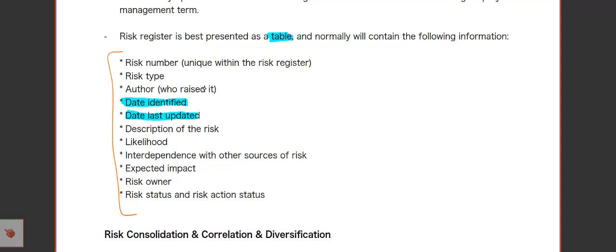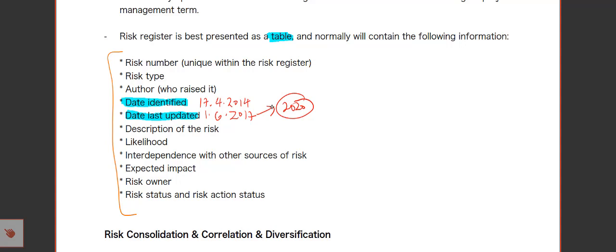So imagine if the risk was identified on the 17th of April 2014, and then it was last updated on 1st of June 2017, and today is 2020. So what happened from 2017 to 2020? That may give us a suggestion that the risk could have been outdated. It's time that we need to review the risk again. That's why this is very important information that we must have.